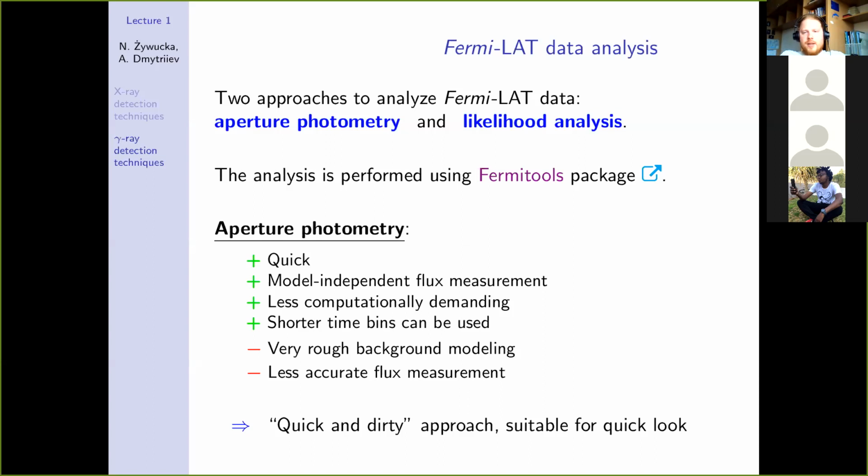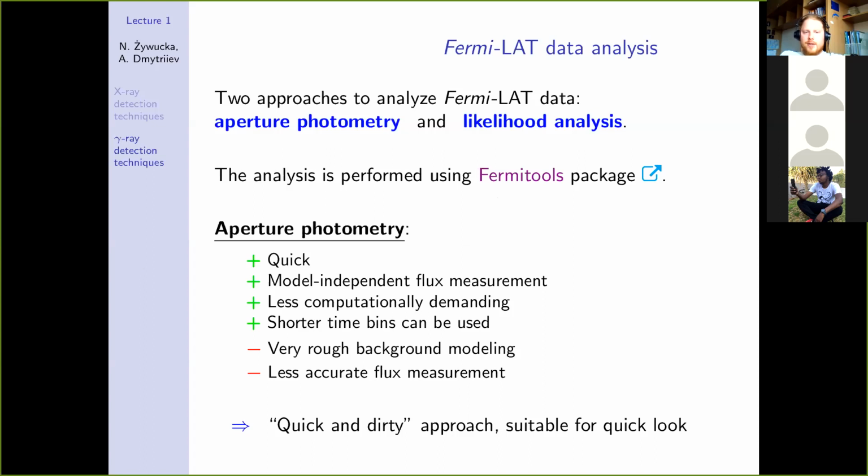Whatever you do, the analysis is performed using the Fermi tools package. This is the dedicated package developed by the Fermi collaboration, and the software is updated regularly, so whoever is involved in the analysis has to make sure to update. For aperture photometry, what are the advantages?